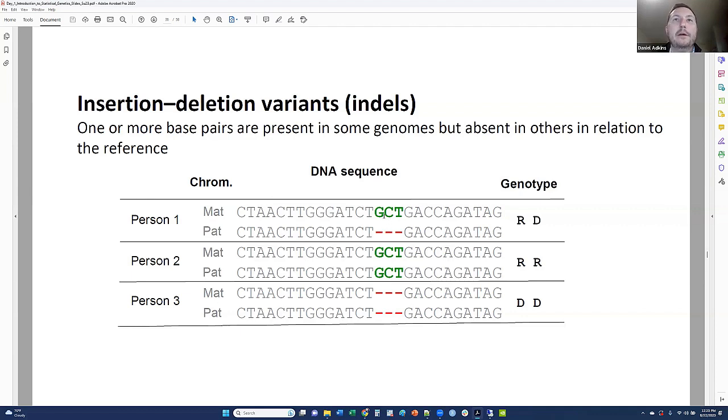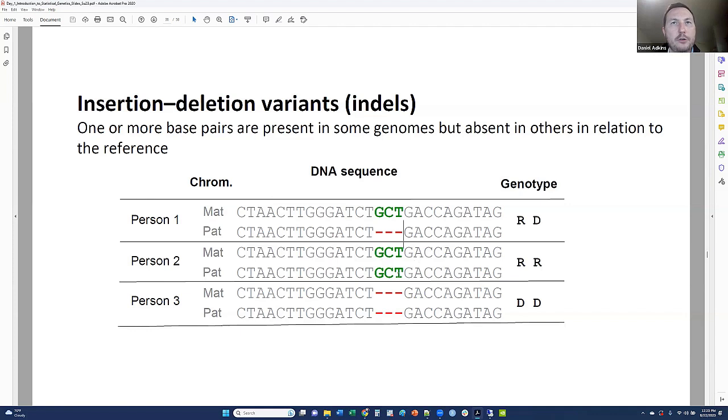Either you have the reference allele or you have a deletion of it. So this individual has one copy of the reference genotype here, which is GCT, and then they have one deletion. They're missing that genotype from their parental chromosome there. So we would say one reference, one deletion for this individual.